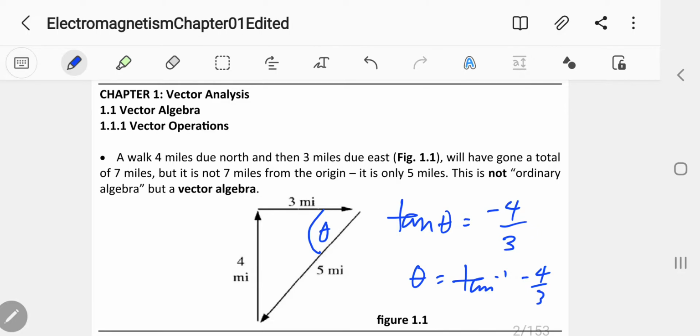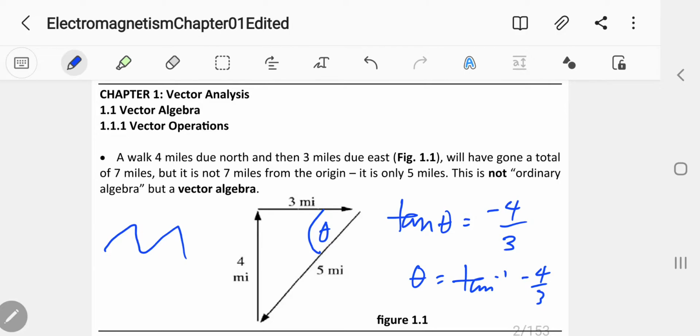But if you walk, you need a direction. That's a vector. Or if you're measuring a displacement, you need a direction. That's a vector. But if you're just measuring a distance, say a distance of this path, you're just measuring a distance without direction. Displacement is a straight line from your origin to your final destination, and that has a direction.